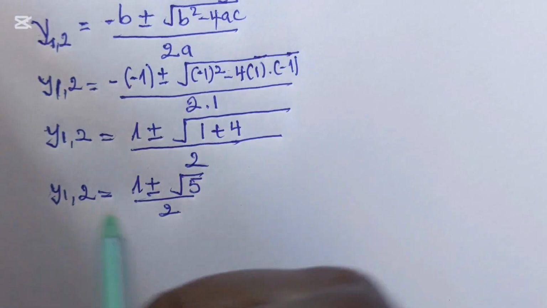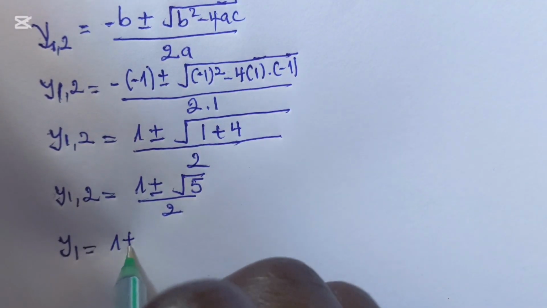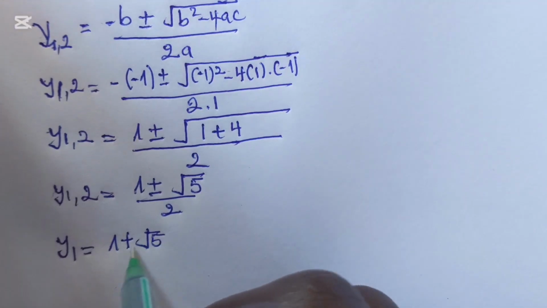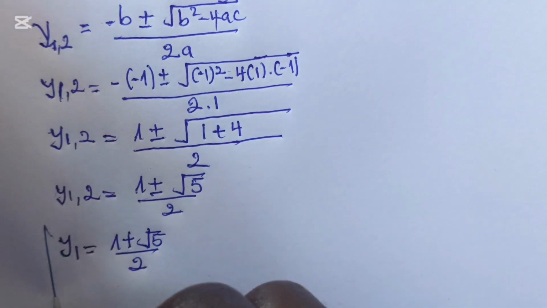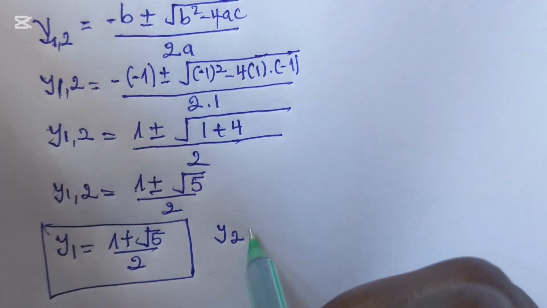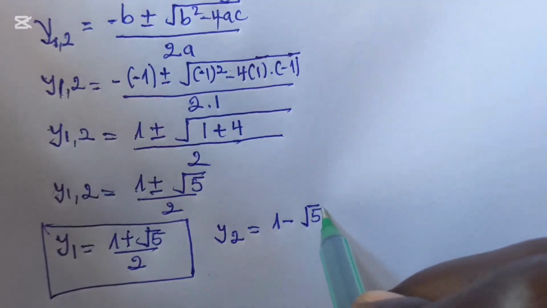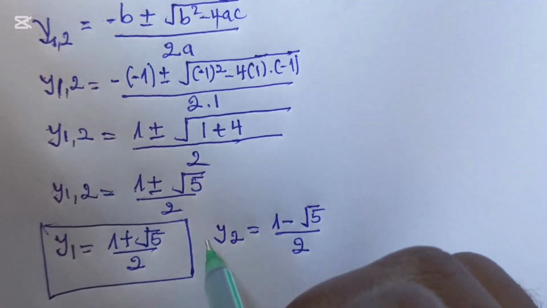To mean that here y1 is equal to 1 plus square root of 5 over 2, whereas y2 will be 1 minus square root of 5 over 2.